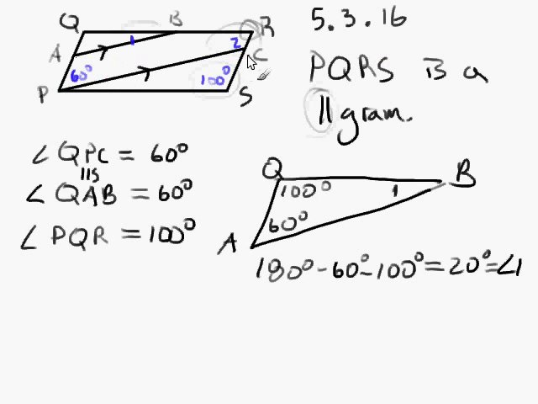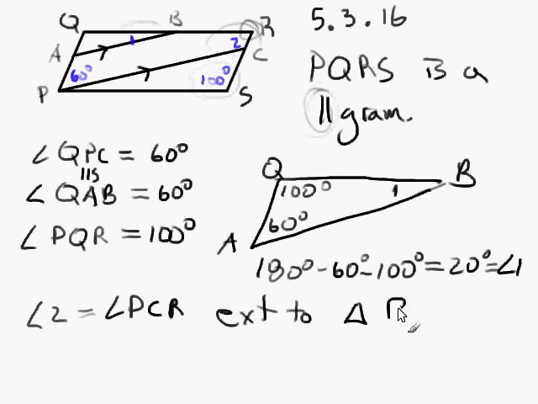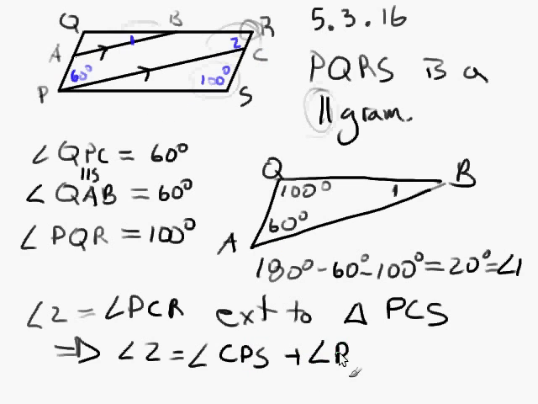This angle, PCR, or angle 2, it's exterior to triangle PCS, which implies that angle 2 is equal to the sum of angle CPS and angle PSC. If you have an exterior angle, it's equal to the sum of the two opposite angles.